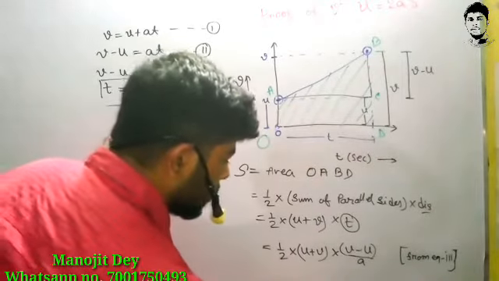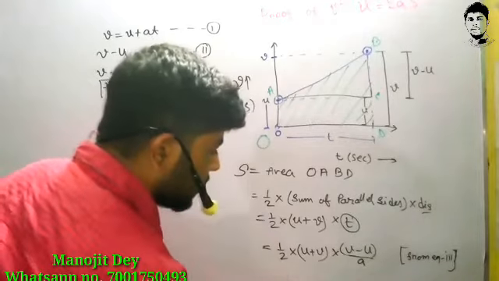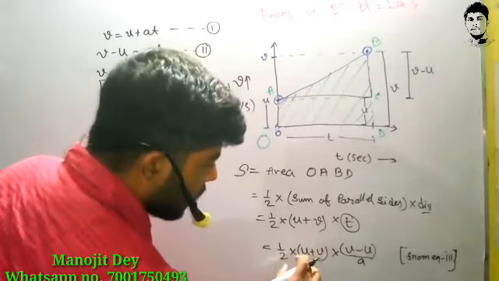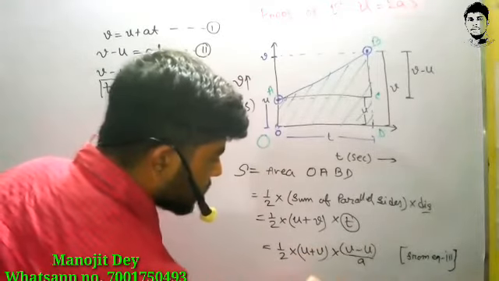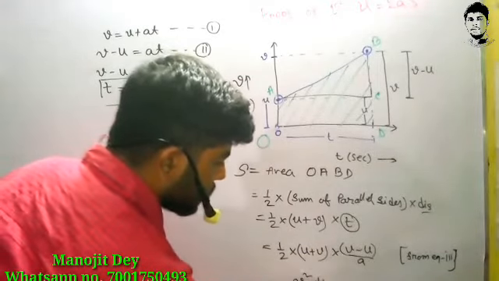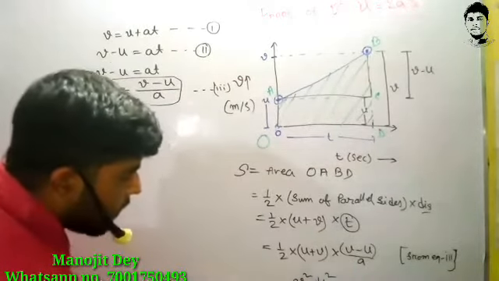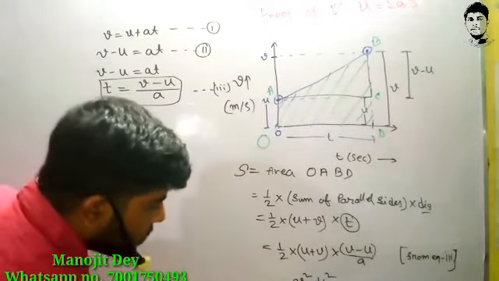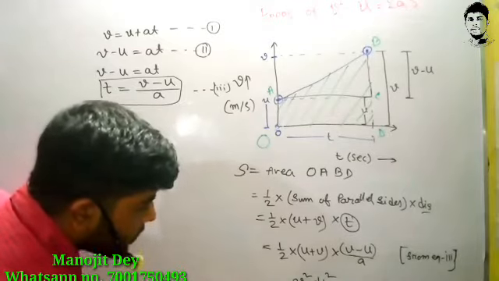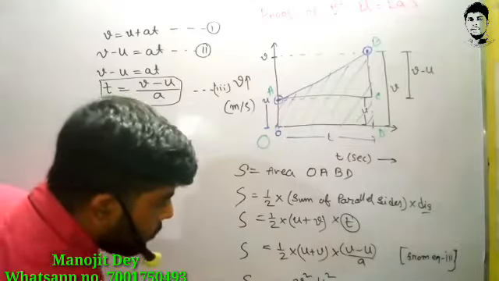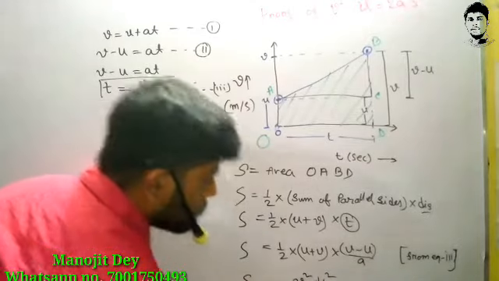So what will be the denominator? The denominator will be 2 and a, and the numerator u plus v and v minus u. So this will be v square minus u square, using the formula a plus b into a minus b. Now 2 into a comes to this side, so it is 2as. S is here, right? So 2as will be v square minus u square.